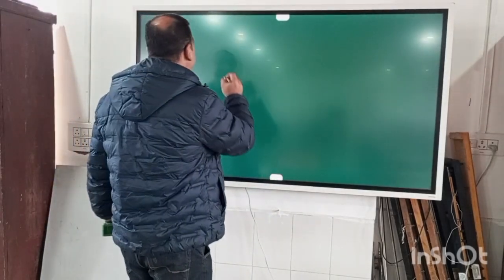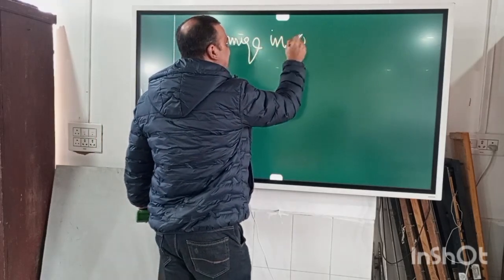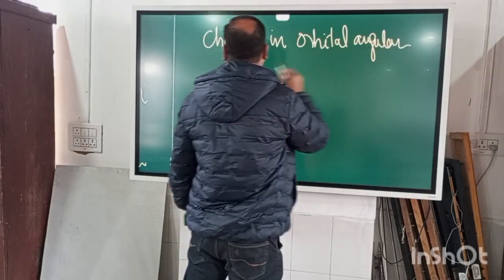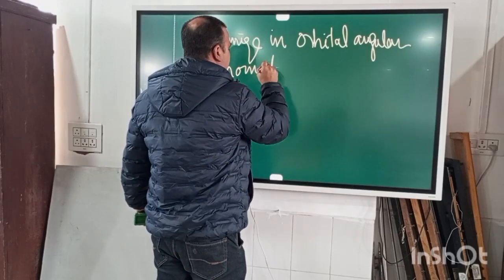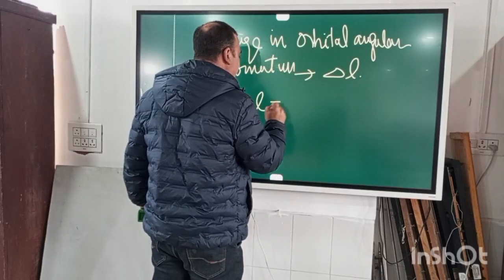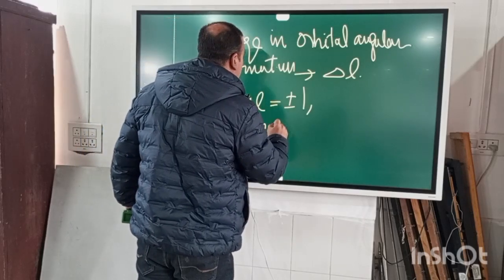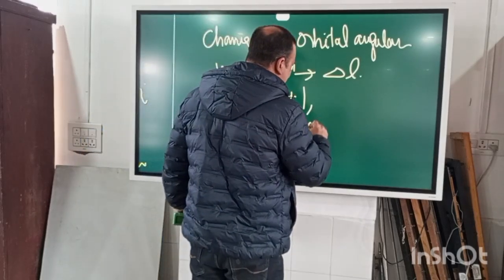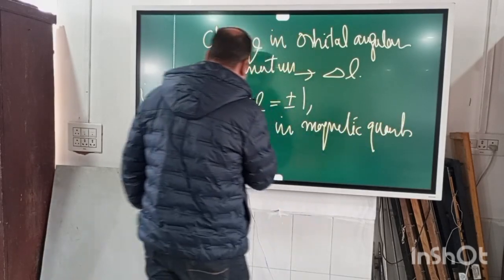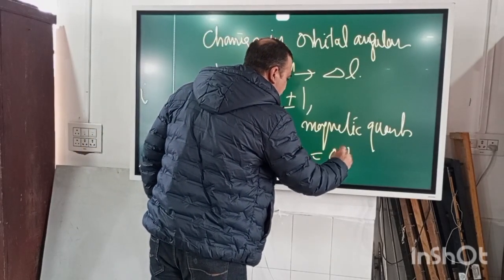The basic condition is that the change in orbital angular momentum, if I represent that change as delta L, should be only plus minus 1, and the change in magnetic quantum number, delta ML, should be either 0 or plus minus 1.